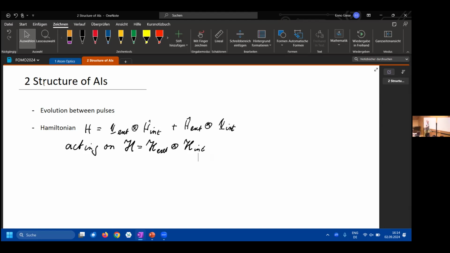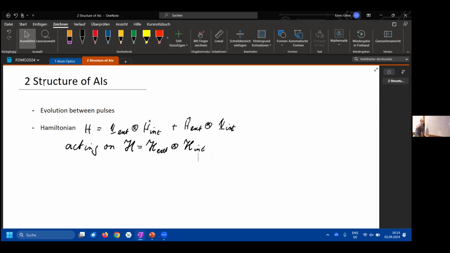For example, for the internal degrees of freedom, that is something like |e><e| plus |g><g|. Nothing happens to the external states, the identity for the external states.